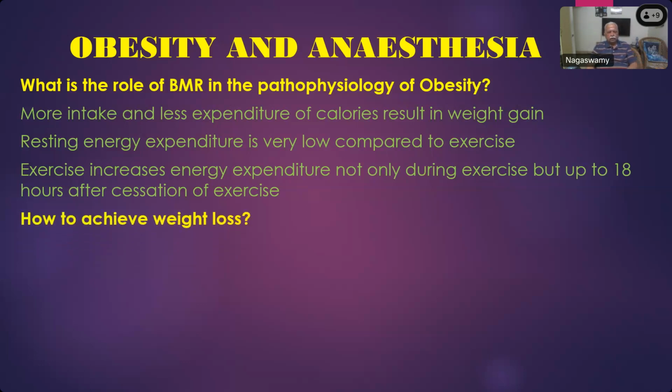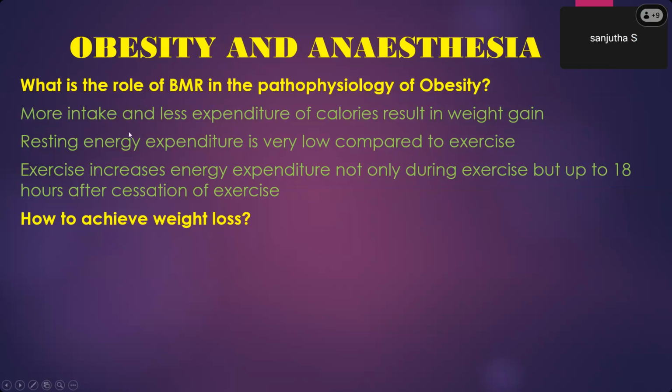Now, how to achieve weight loss? What are all the methods of achieving weight loss? Exercise. First, reduction in intake, isn't it? The basic principle is more intake and less expenditure, so you must reduce the calorie intake.